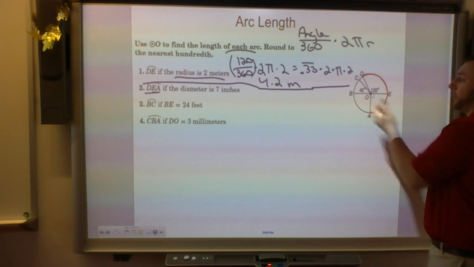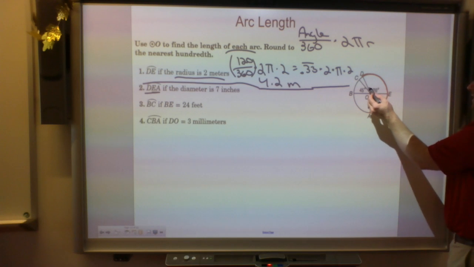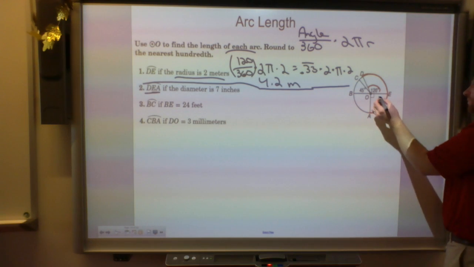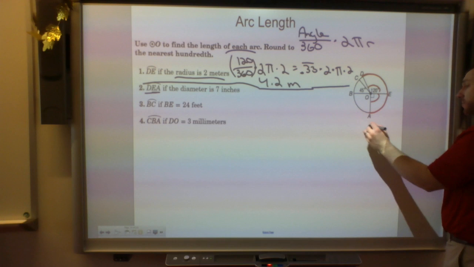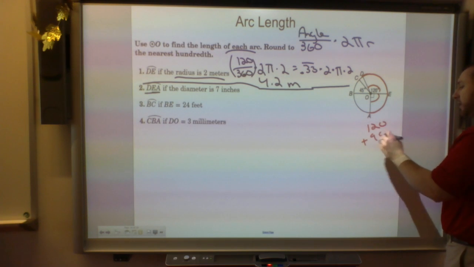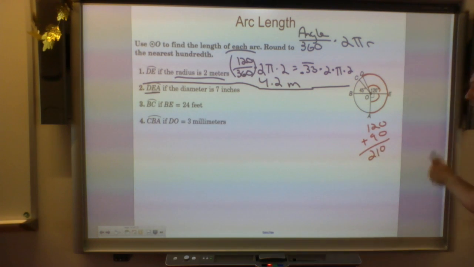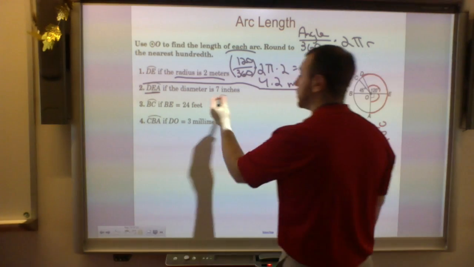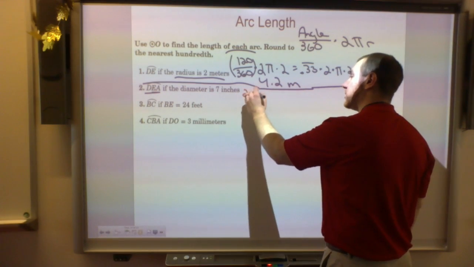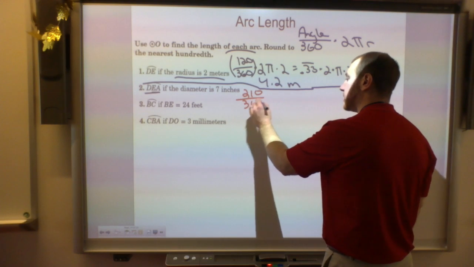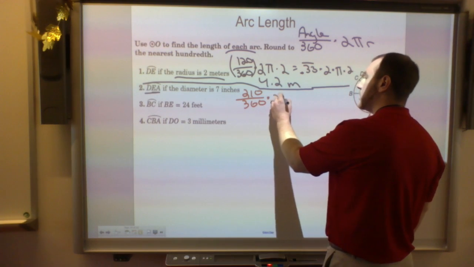Well, what is the angle in there? I know this angle is 120, and I know this is 90. So I'm going to do 120 plus 90, and I get 210. So to solve for number 2, I'm going to use that 210 divided by 360 times 2 times pi.